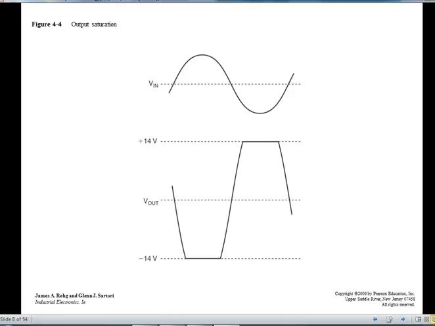So if I put plus or minus 14 volts on the operational amplifier to power it, my maximum output voltage is going to be plus or minus 13.3. All right, and when we're not doing something cool, like following the waveform, we're going to be in saturation.